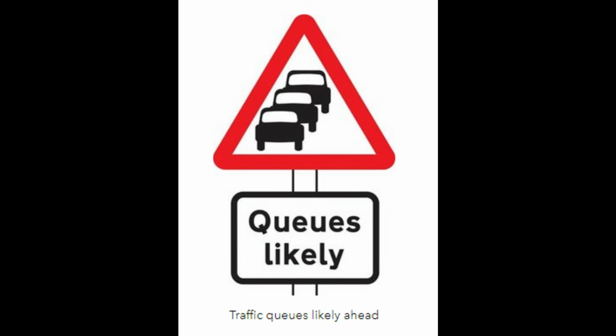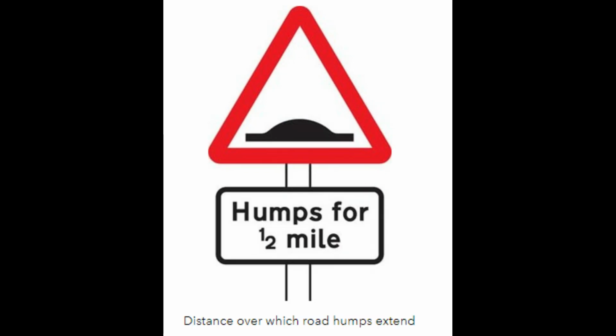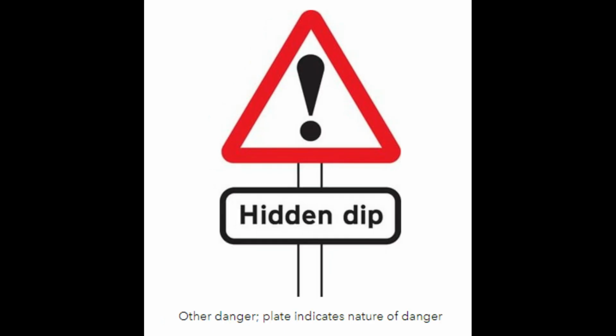That means traffic queues likely ahead. Humps for half a mile. That means the distance over which road humps extend. Other danger, a plate indicates the nature of danger.